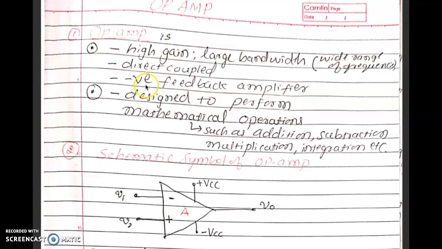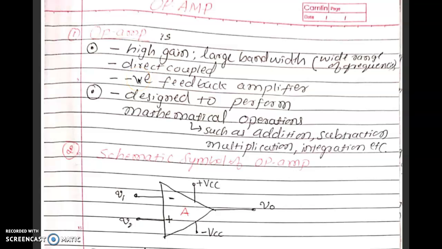The next parameter is negative feedback amplifier. So what is negative feedback? Feedback is nothing but the portion of output is fed back to the input. While feeding it back, if it is in phase with the input, if it increases the input, then it is positive feedback. And if it is going to bring down the input, if it is out of phase to the input, it is negative feedback.